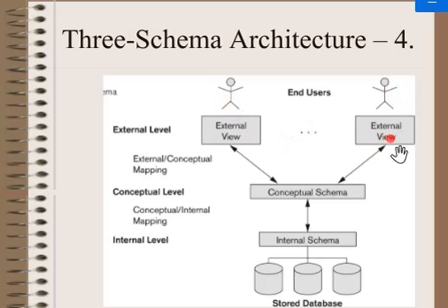One user uses the data according to his or her perspective, and another user uses the data according to his or her perspective. Each end user has their own schema and their own interfaces, so there are multiple ways the data is represented. You can see many external views here.